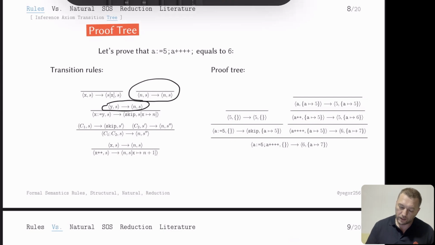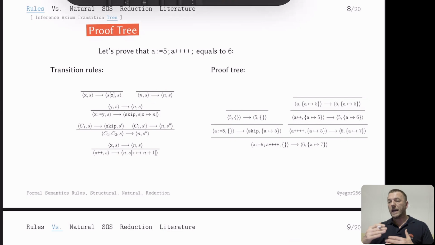But there is a technique called a proof tree, where you can stack these inference rules one on top of the others in order to prove that your program works the way you want it to work, the way you promised.